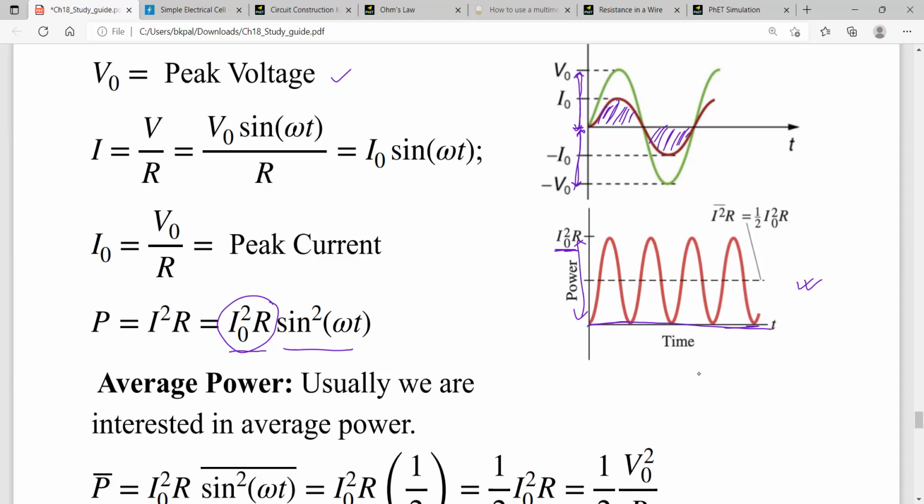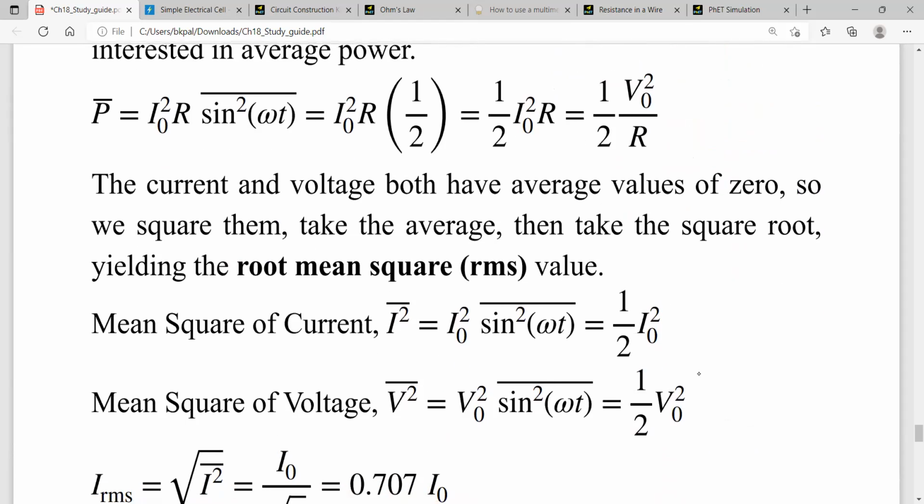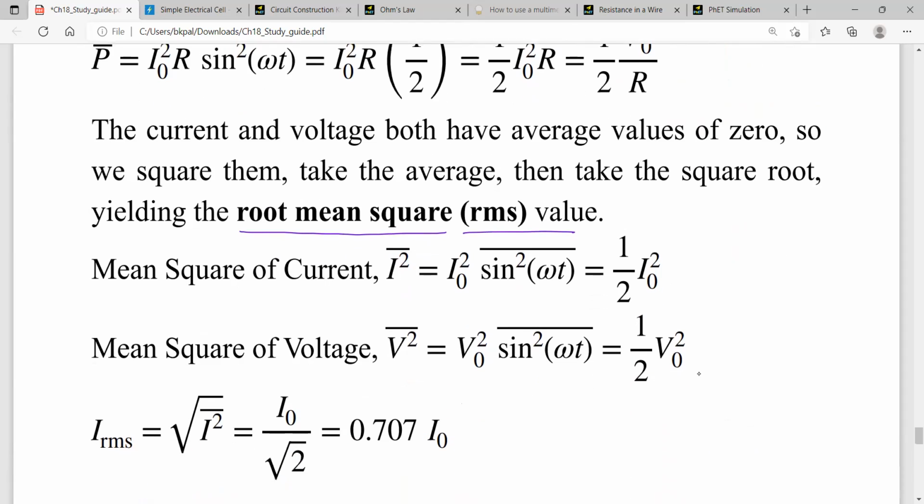But we are interested in something else, and we call it the root mean square, or RMS value. I believe you remember what root mean square means, at least mathematically, from chapter 13. While we were learning about the kinetic theory, we derived an equation for root mean square speed.